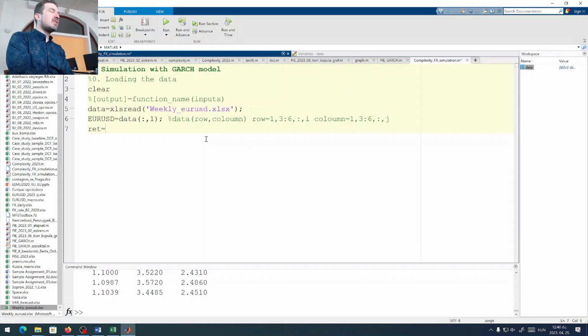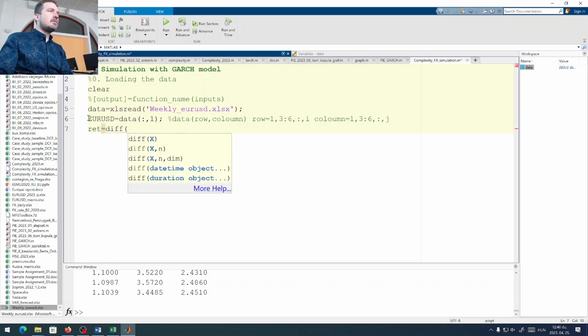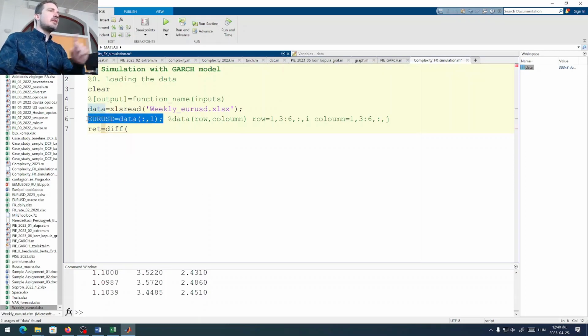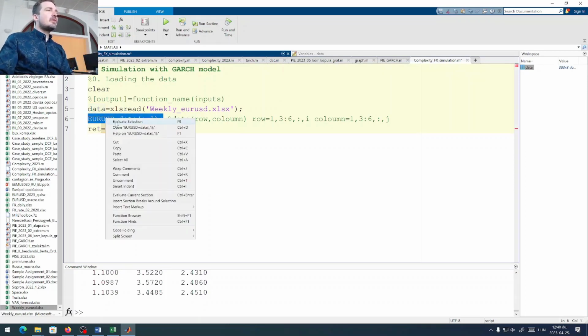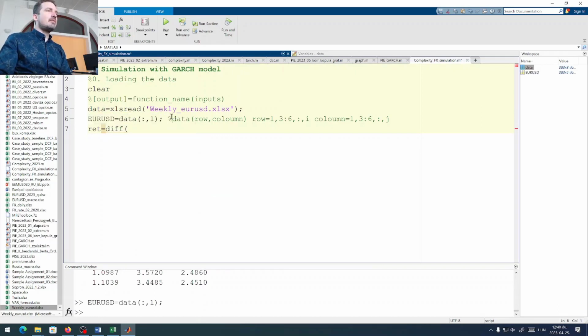So logarithmic return would be preferred, but right now it's easier to work just with the return without logarithm. I forgot that if we would like to execute something, that F9 is.